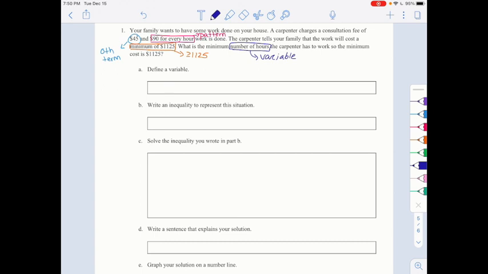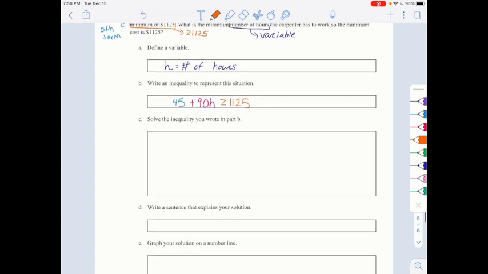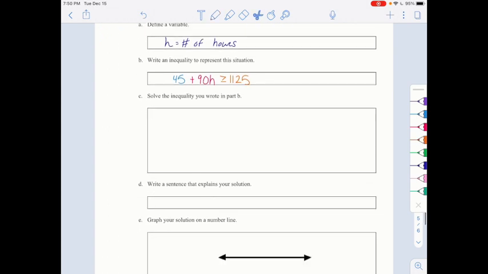So I'm going to say H equals number of hours. And I'm going to write my inequality statement, which is going to be 45 plus 90H has to be greater than or equal to 1125, because greater than or equal to is minimum.